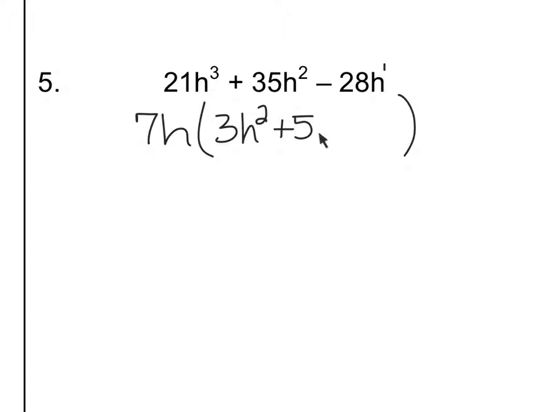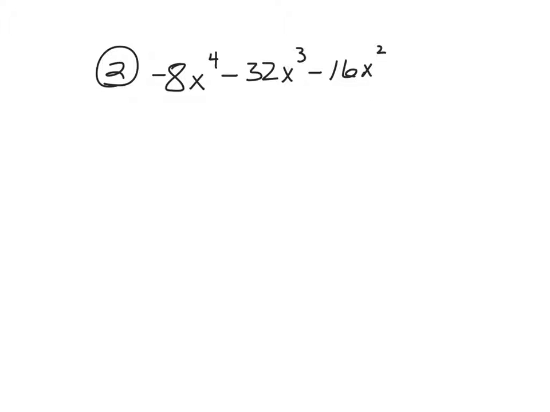Taking one of those H's away leaves me with 1 H. And then negative 28 divided by 7 is negative 4, and I have 1 H. I took that H away, so I don't have an H anymore. Now you have factored your first trinomial. Trinomials are really not any different than binomials, other than the fact that you're dividing 3 times now.